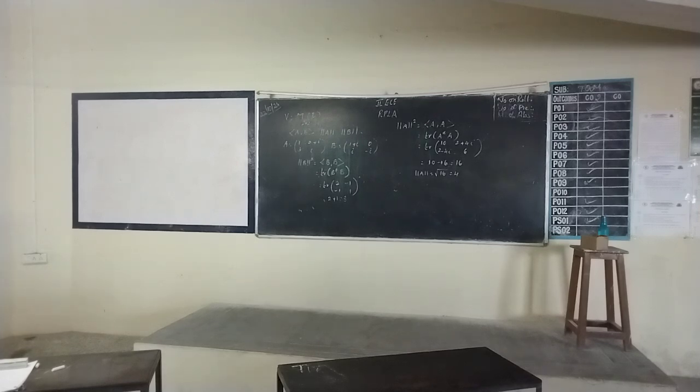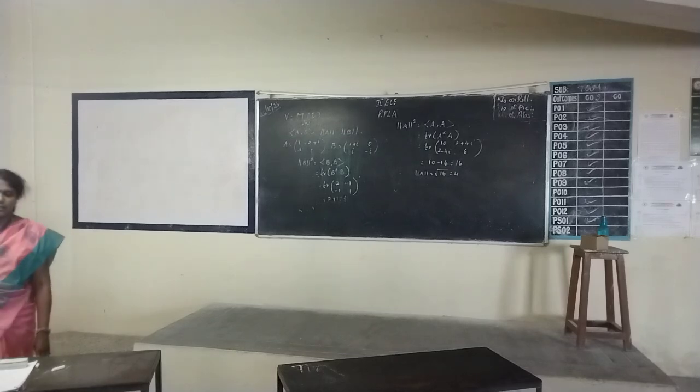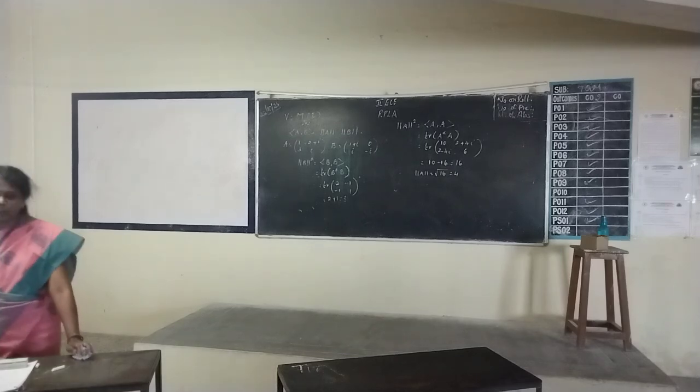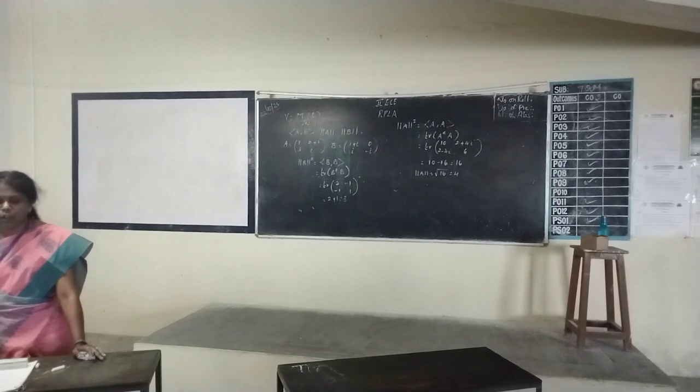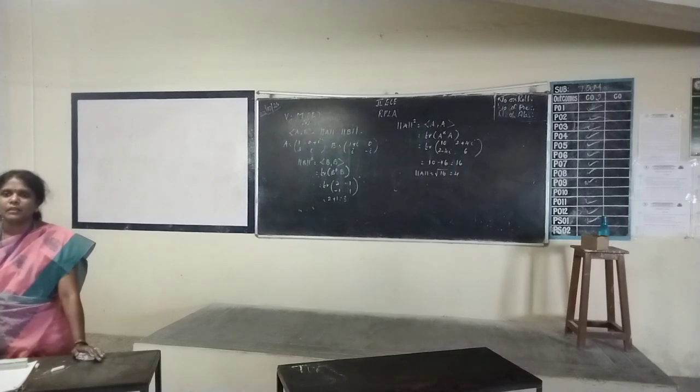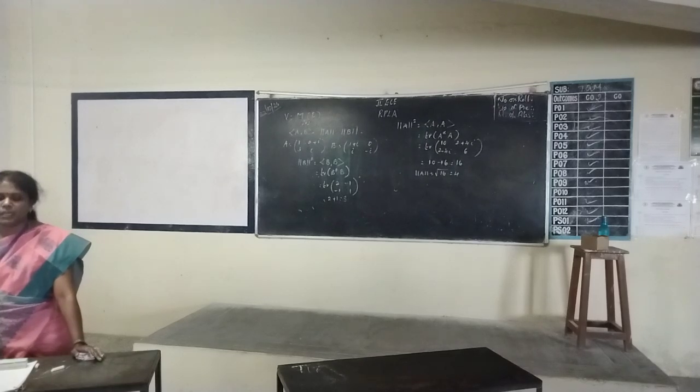M 2 by 3 of R. Using the Frobenius inner product, compute the inner product of A comma B, norm of A, and norm of B.